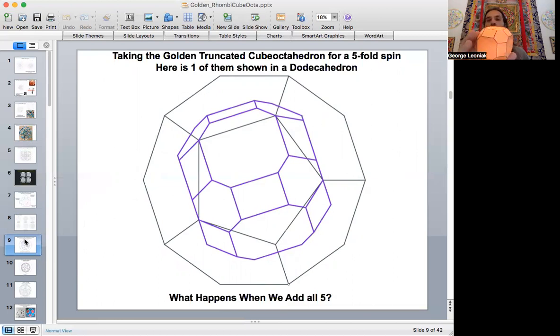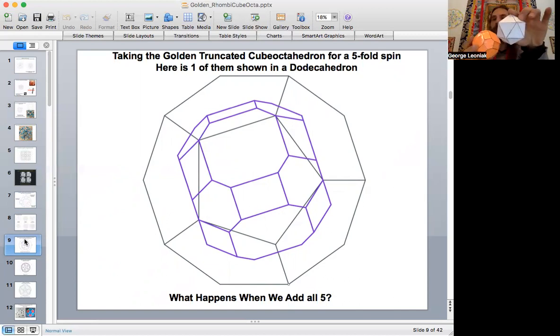And this is where things get to the next level for me, because we're pretty much working with the cubic building block here. And I was showing you how these fit together and how the other Archimedean solids fit in there. Now what I wanted to do was to take the golden truncated cuboctahedron here and rotate it around in 5-fold symmetry, which would be akin to an icosahedron or a dodecahedron.